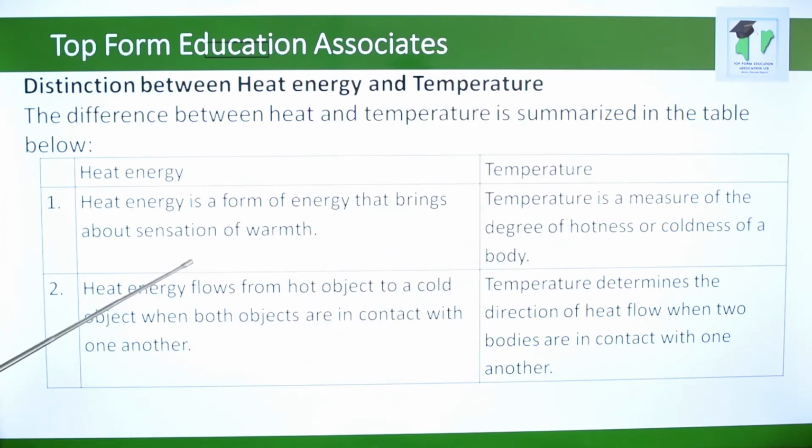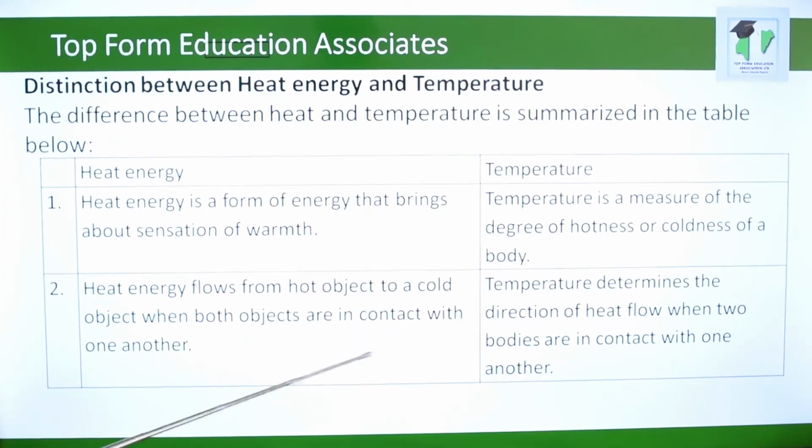So we can use definition to differentiate both quantities. Number two, heat energy flows from hot objects to a cold object when both objects are in contact with one another. So I've said it today.